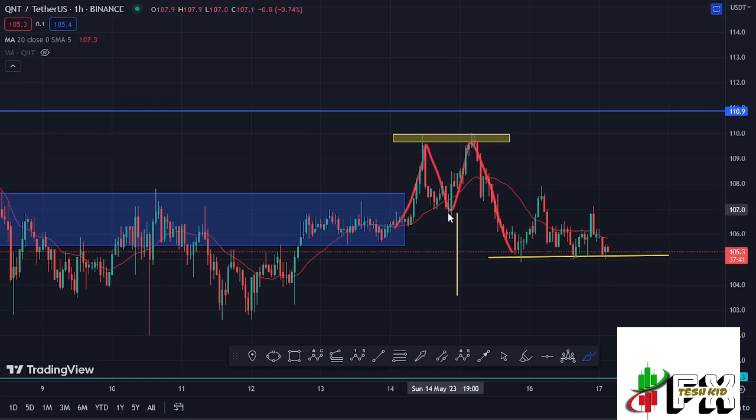Then we saw the formation of the neckline at around the $107 mark, then the second top, and this is a chart pattern that breaks to the lower side, having the minimum target areas for the breakout being given by the height between the neckline and the tops, and I was able to get that height, placed it below the neckline, giving me a minimum target area at around the $103.6 mark.